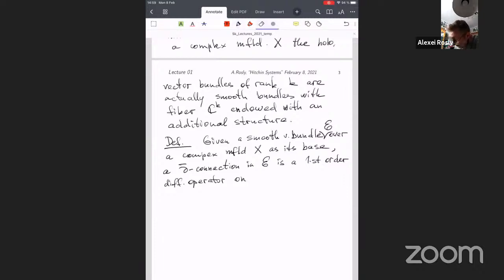Let me call the operator nabla bar, which acts on 0,q forms on X with coefficients in E, and makes 0,q+1 forms. And it satisfies the Leibniz rule.